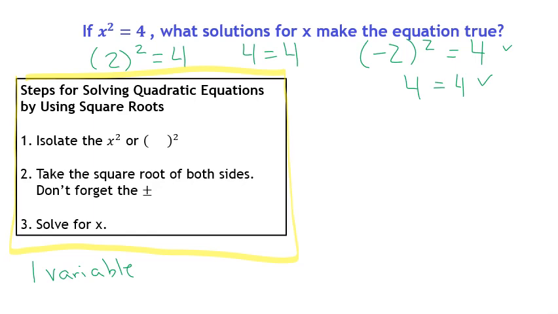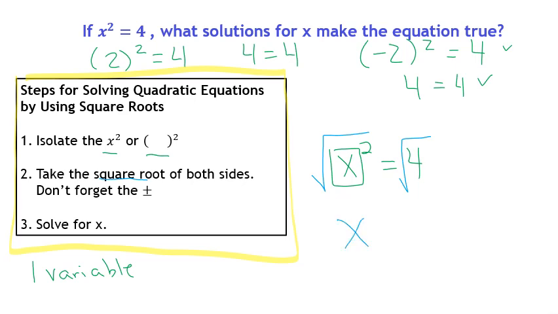So if I have x squared is equal to 4, like I saw a moment ago, my first step is getting x squared, or the quantity squared, by itself, which it already is. I'm then going to do the inverse to both sides, or get rid of that variable being squared. So we take the square root of both sides. The square root of x squared is just going to be x.